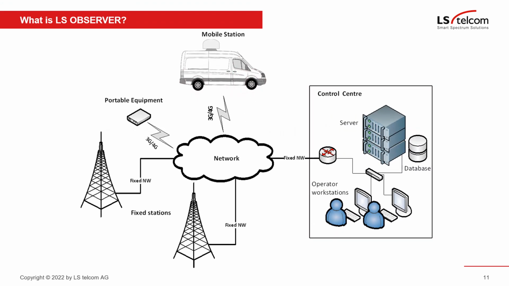All those monitoring units can be networked together and centrally controlled and remote controlled by the CMS software. Here you can see a typical regulator network where you have different kinds of stations, everything networked together and centrally controlled.